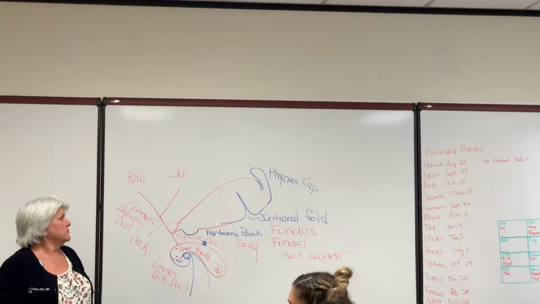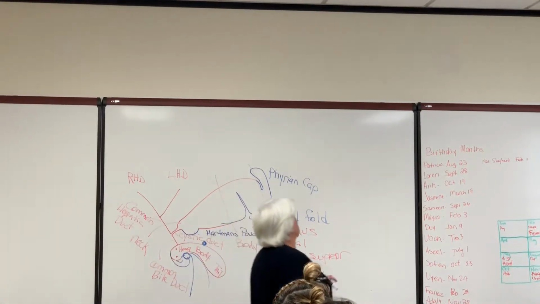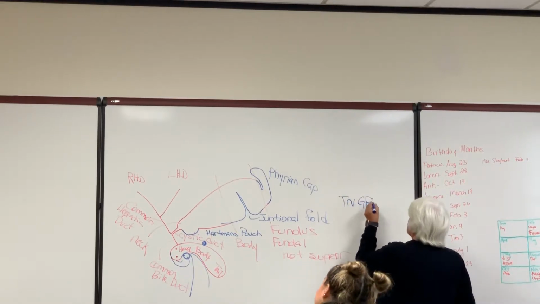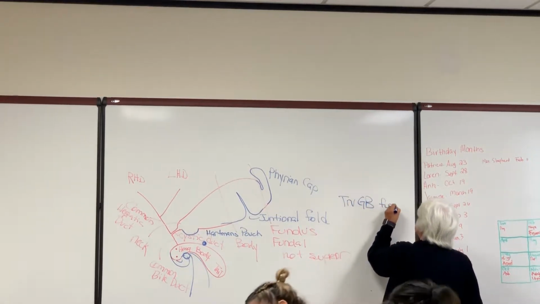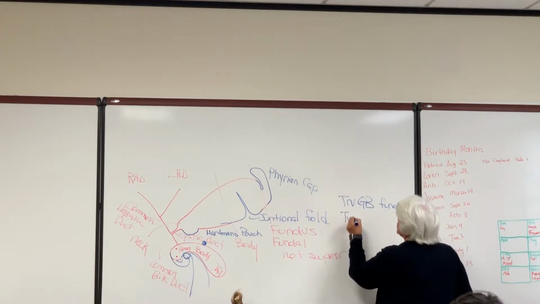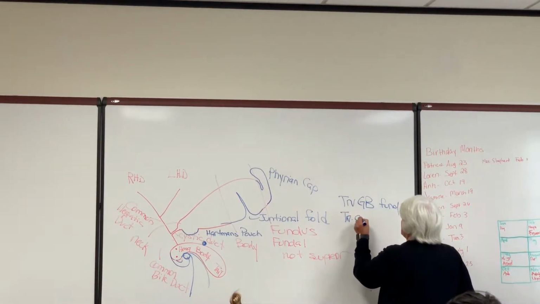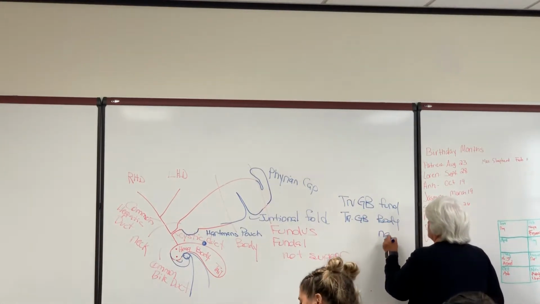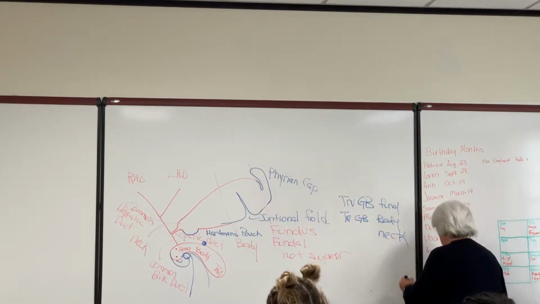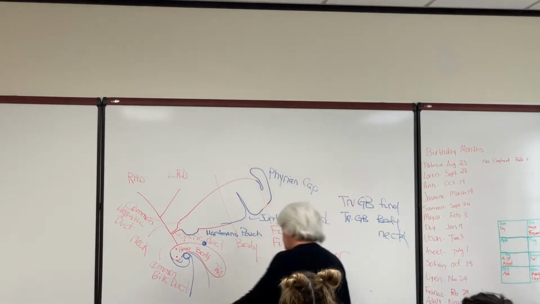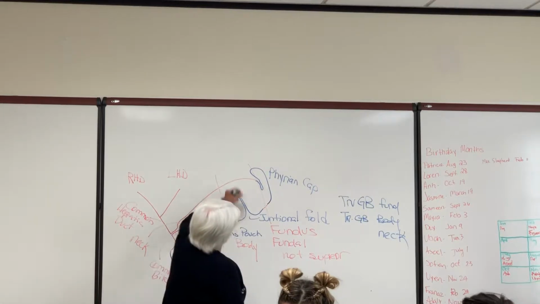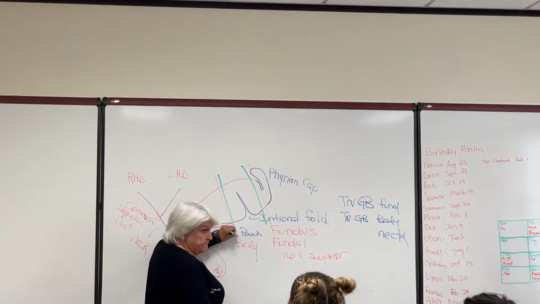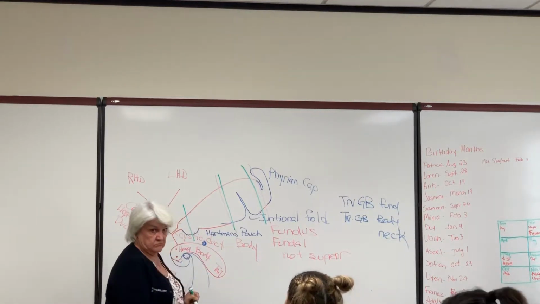Okay, so when we do our gallbladder, it's transverse gallbladder fundus, transverse gallbladder body, and neck. Okay, so that's fundal, body, neck.